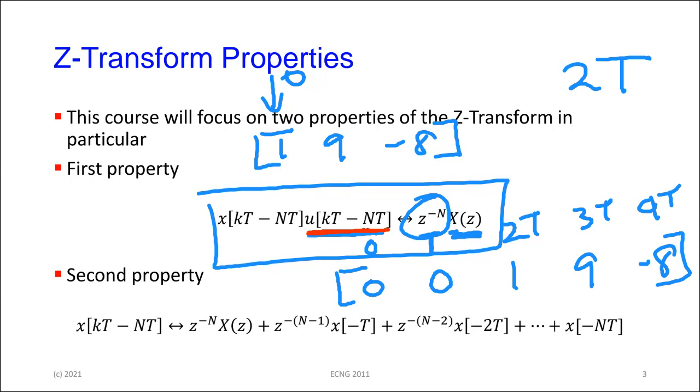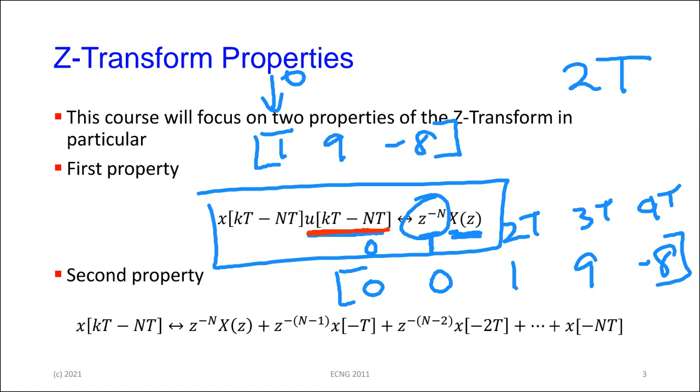Yeah, but the actual thing, u(kT minus NT), a discrete time unit step. And what is that minus capital NT telling me? Is that a shift, a delay or an advance?